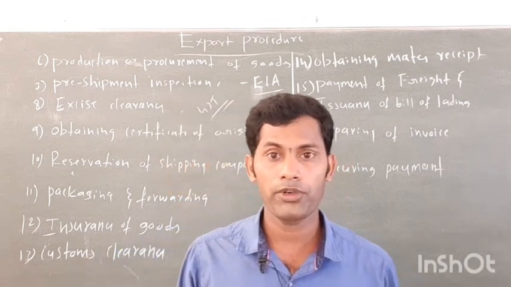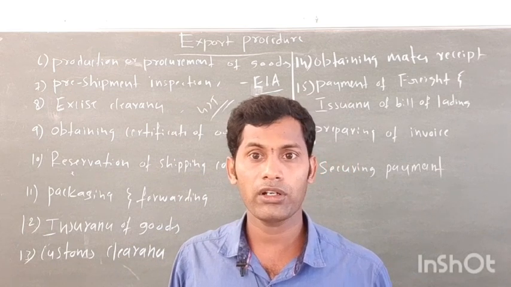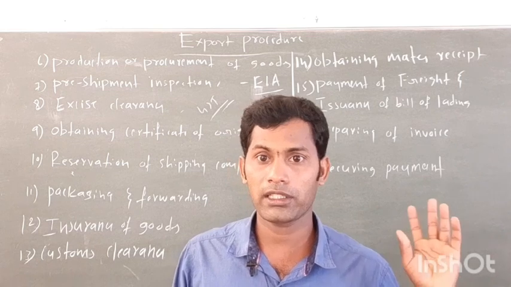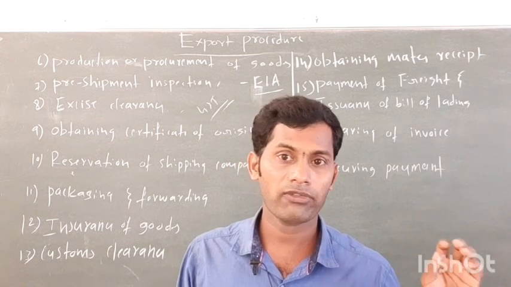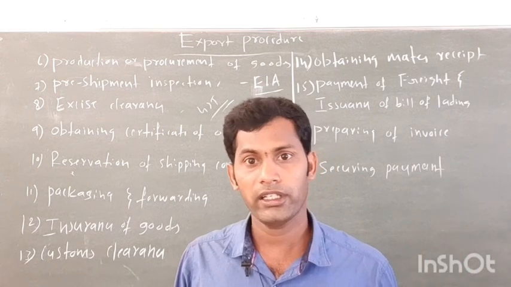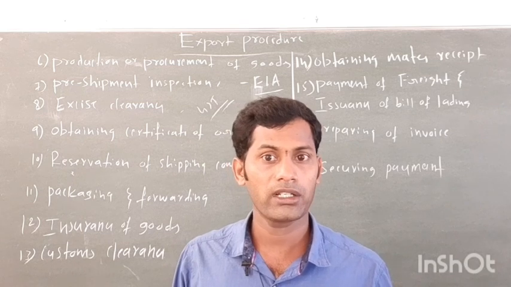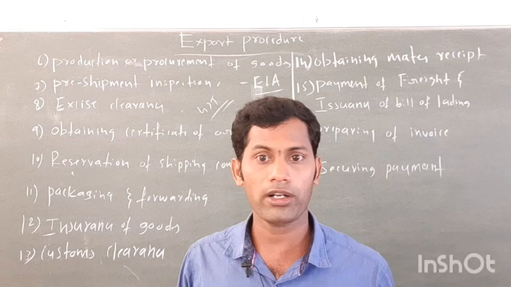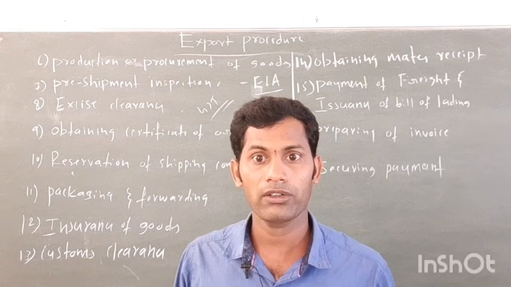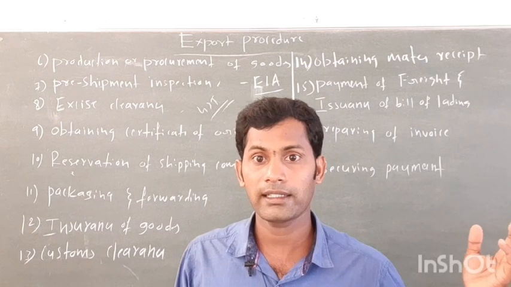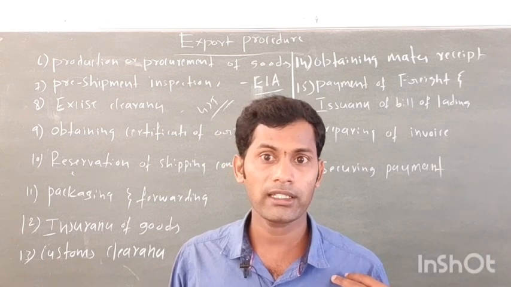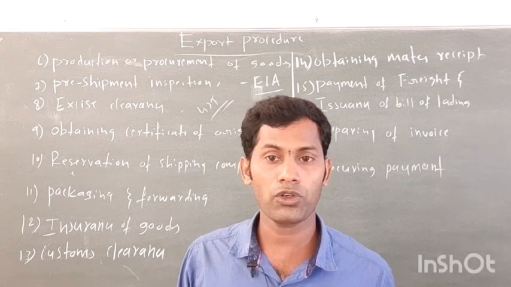First of all, we should get the receiving of inquiry. Then we have to send the quotation. After sending the quotation, if the importer is happy with the quality, price and quantity, then he can give the order. Then we have to go for assessing the creditworthiness of the importer. Then we should get the import export code.